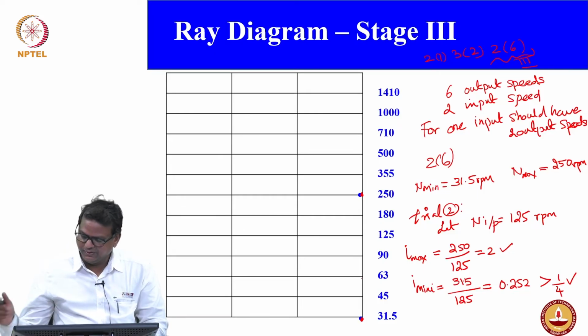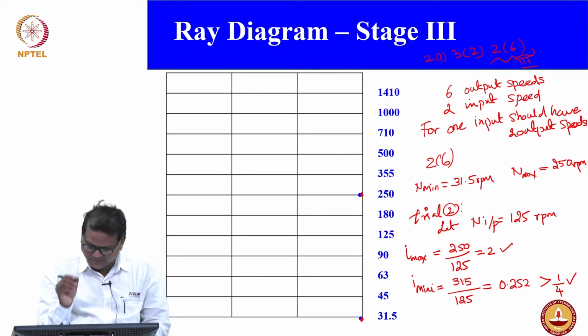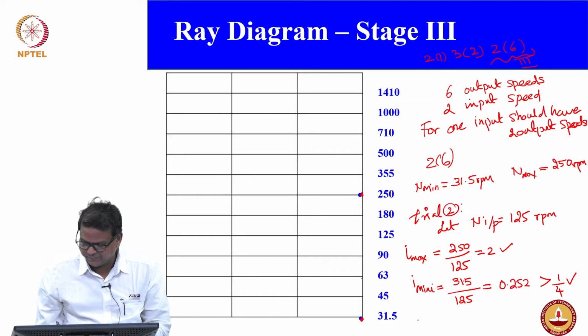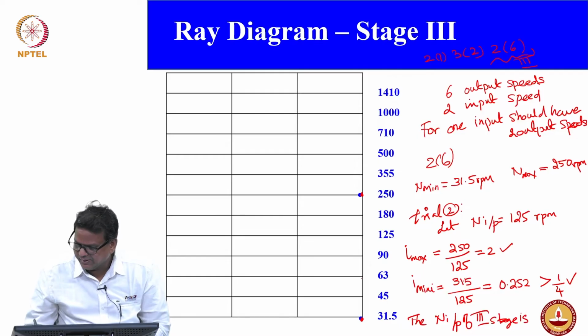So, from here, the input speed of the third stage, n input of the third stage, is 125 rpm, okay, that is fixed.